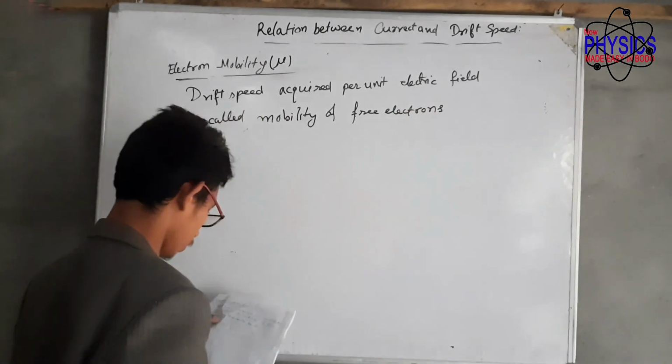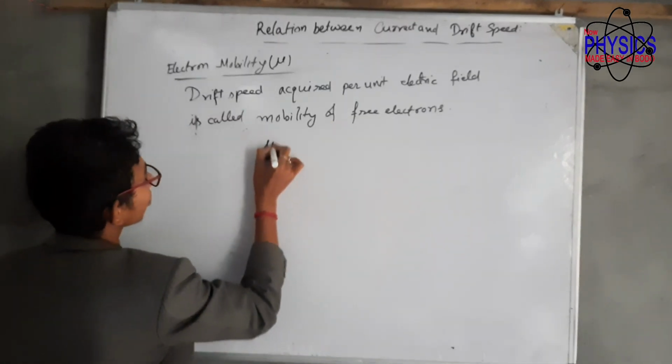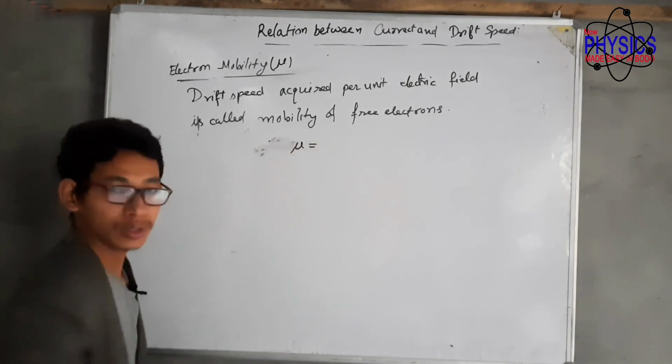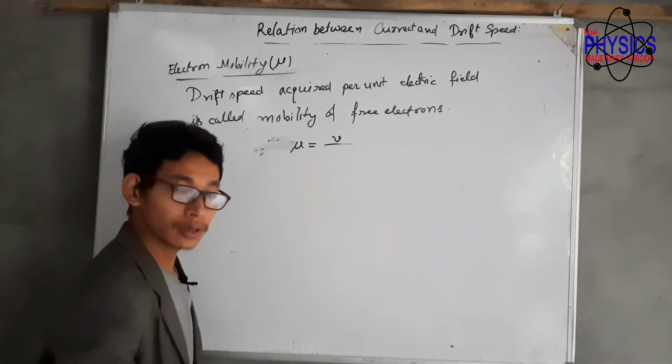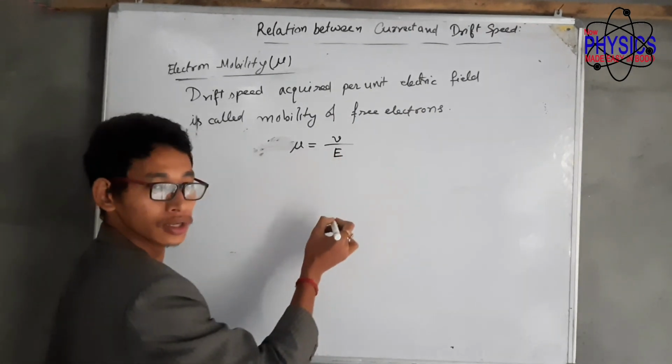So this is mu. Mathematical form: mu equals drift velocity, drift speed per unit electric field.